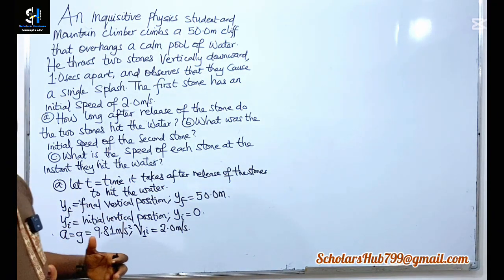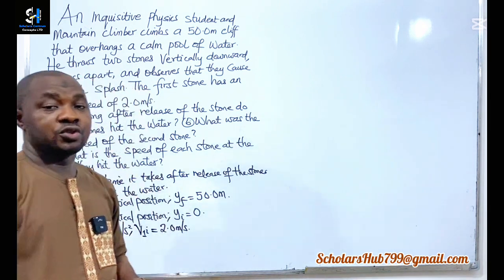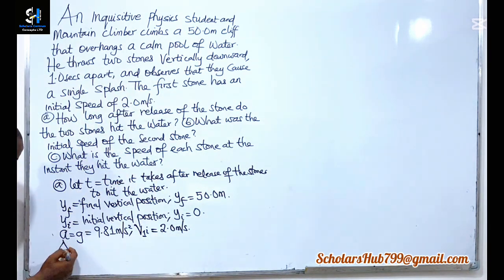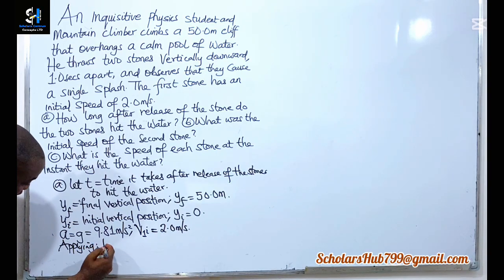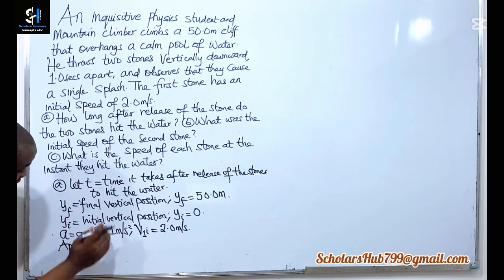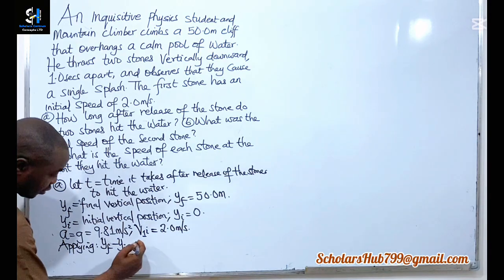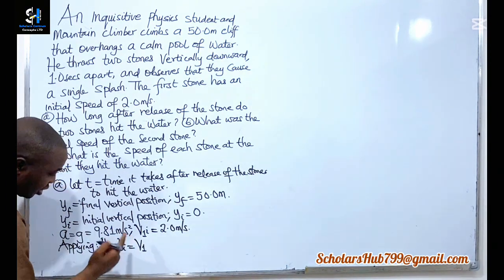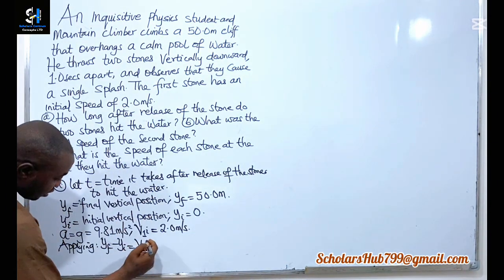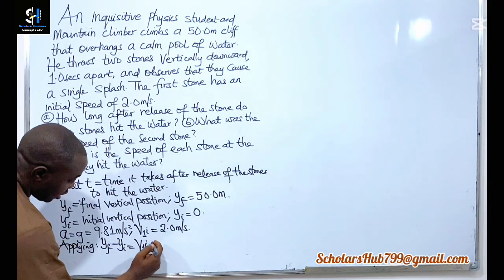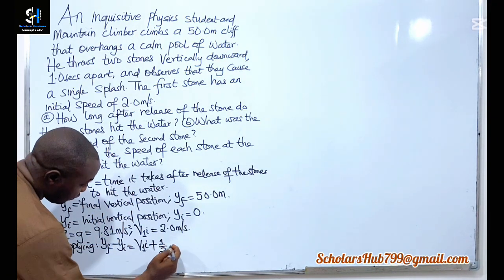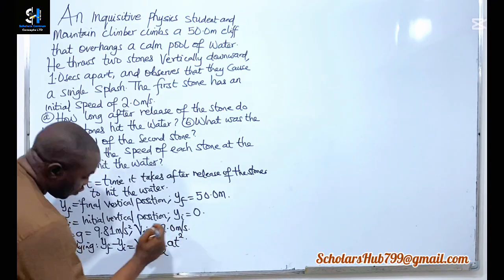So we can apply one of the equations of kinematics. Since it is vertical position, we have final vertical position minus initial vertical position equals the initial vertical velocity of the first stone times T, plus 1/2 A T squared.